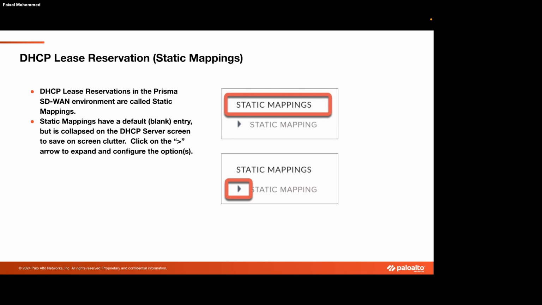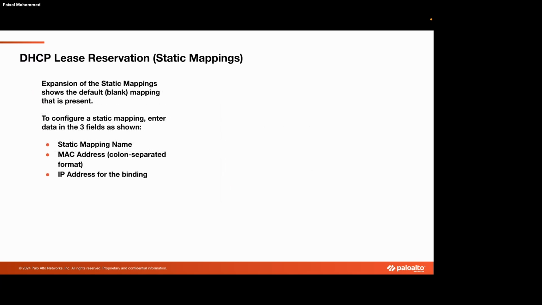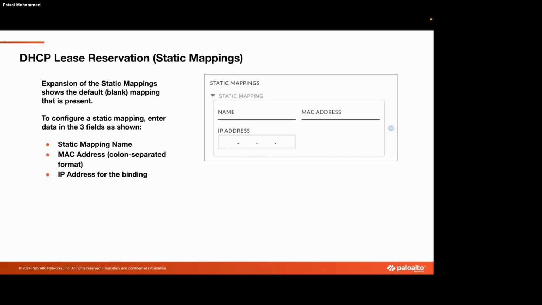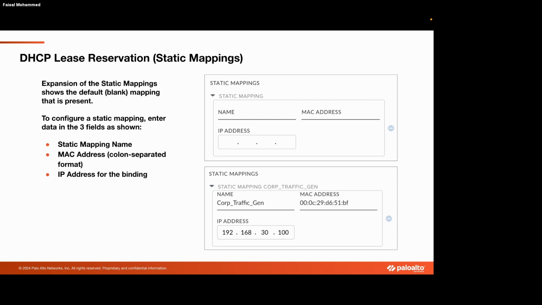Under the static menu, you can click on this triangle and then define your static mapping. You can use the MAC address as an attribute to statically assign a specific IP to that specific MAC address when the request comes in. In the static mapping, you can configure the IP and the MAC address you require the static mapping for.